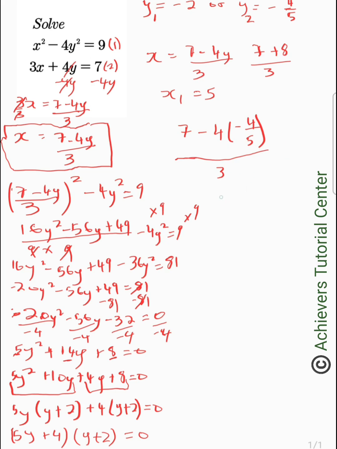This equals 7 plus 16 over 5, and we multiply this by 1/3. Multiplying by 1/3 is the same as dividing by 3. So when we distribute 1/3 here, we are going to get 7/3 plus 16/15.